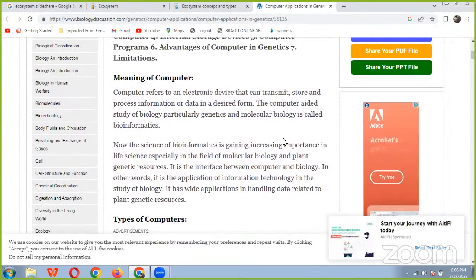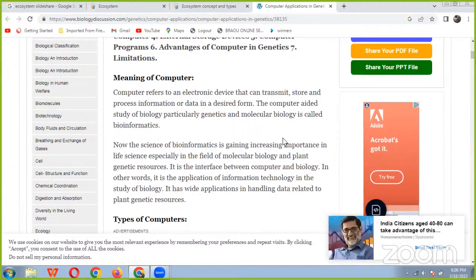And next is searching for information through the internet pertaining to any aspect of living organisms. Even organism-specific websites are available on the internet. For example, we will teach some of the chromosomes.